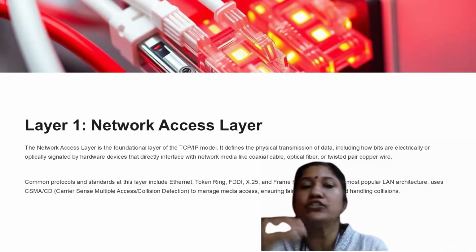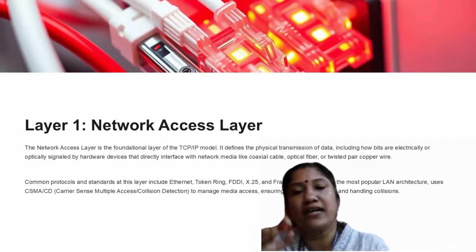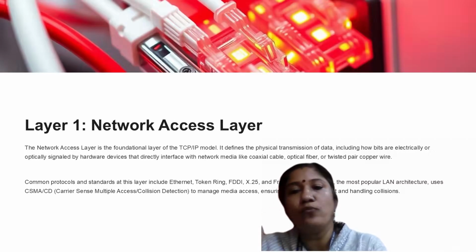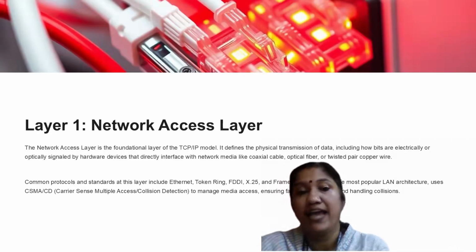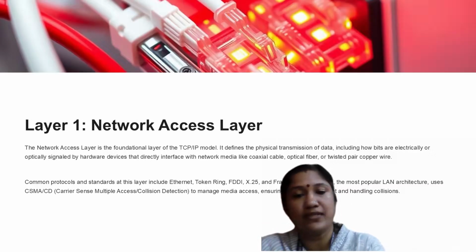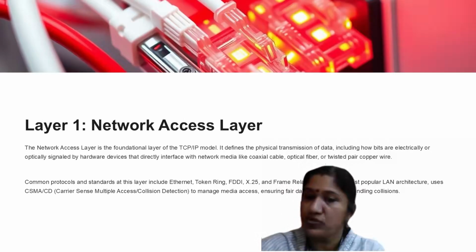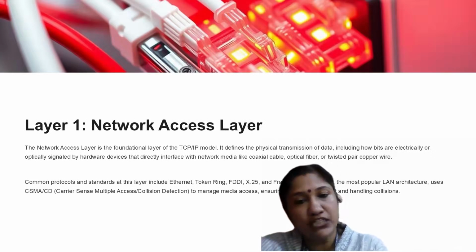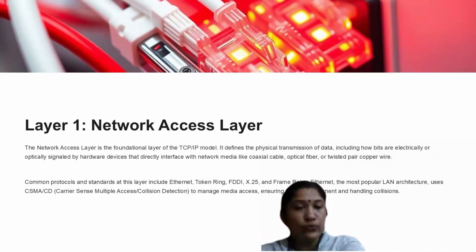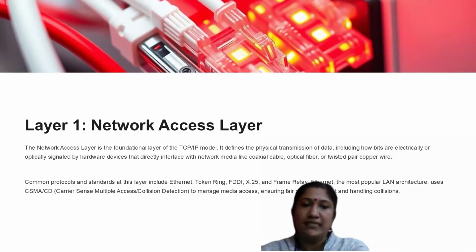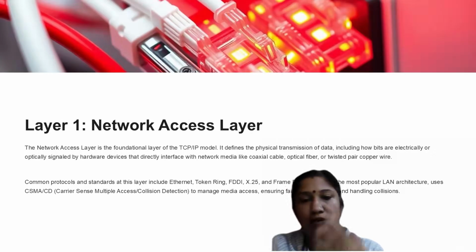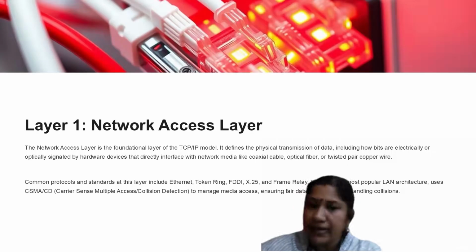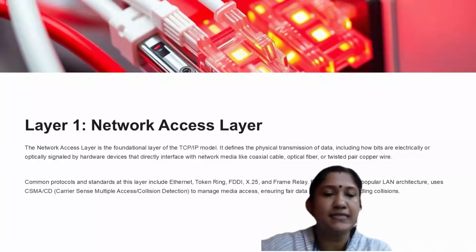The network access layer is the foundation layer of the TCP/IP model, and it defines the physical transmission of data, including how bits are electrically or optically signaled across the hardware devices that directly interface with the network media, like coaxial cables, optical fiber, twisted pair cables, etc. Common protocols and standards at this layer include the popular Ethernet protocol, token ring, FDDI, X.25, etc. Ethernet is the most popular LAN architecture, and it uses the technology known as CSMA/CD, Carrier Sense Multiple Access with Collision Detection, to manage media access and handle data collisions.